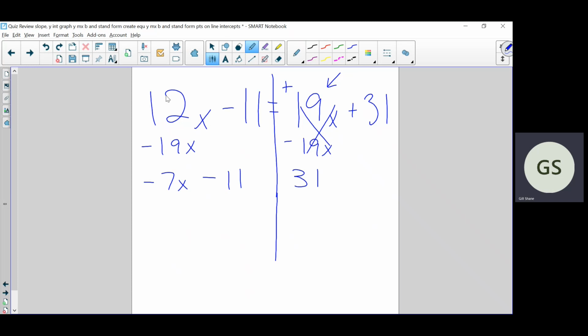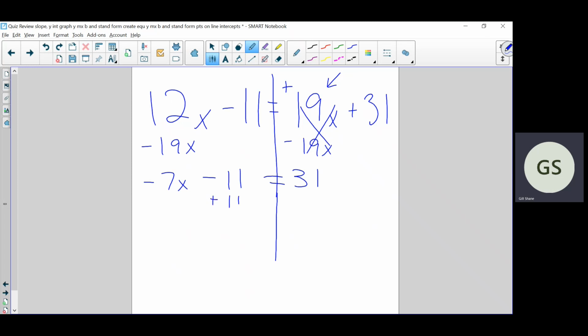So now you just have a two-step equation. You should all know how to do that. We start with the number that is the constant. So we're starting with the negative 11, or subtract 11. So I say, all right, well, I got to start here. I do the opposite.